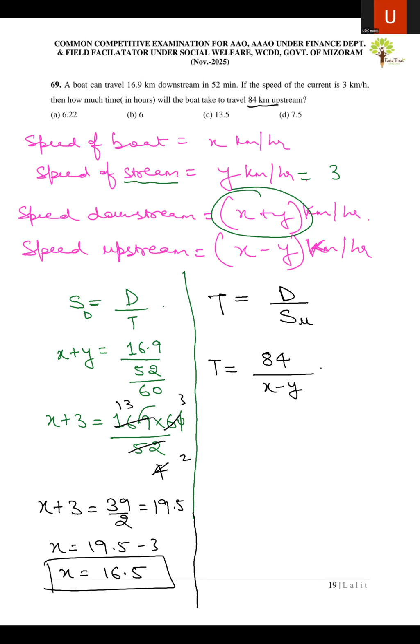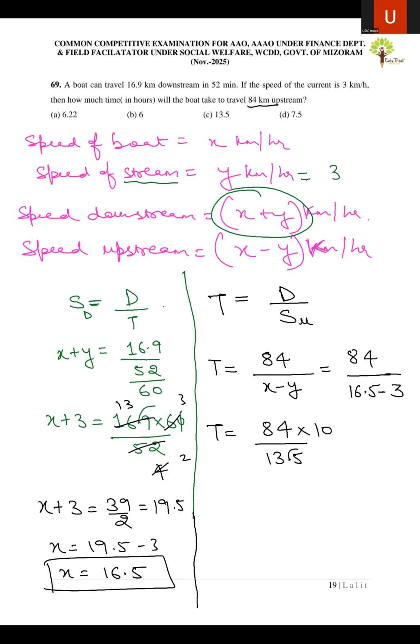So 84 divided by x, which is 16.5, minus y. Y is given to us as 3. So we can say time equals 84 divided by 16.5 minus 3, which is 13.5. All right, remove this decimal, multiply by 10.